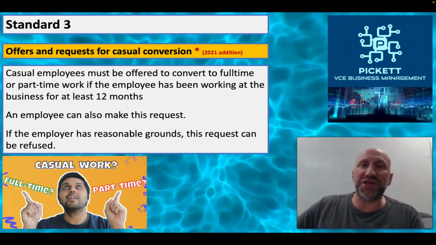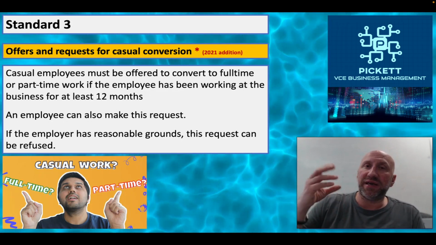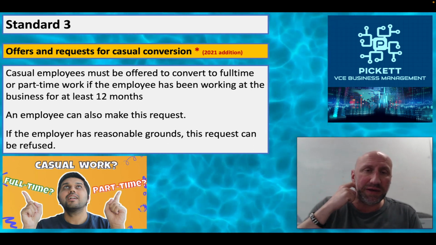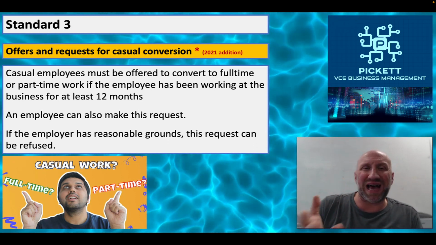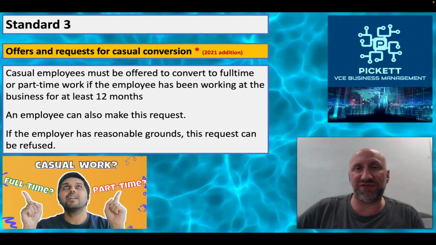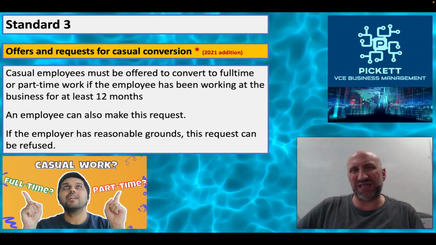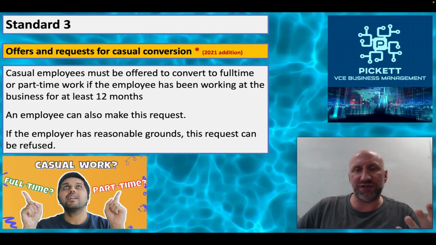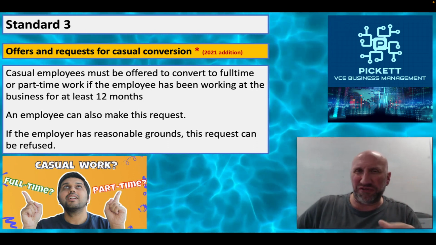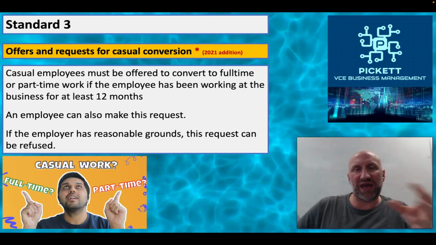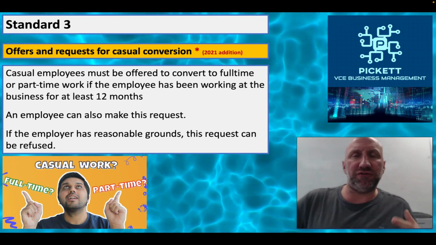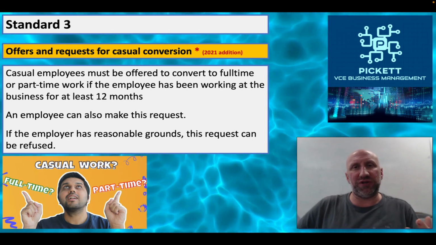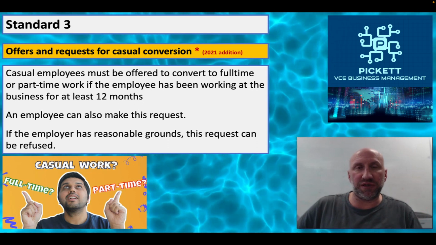Standard 3, this is the one that came into effect in 2021. So this is the new standard, if you like. The reason this was added, if you look at what it's about, offers and requests for casual conversion. Basically the feeling was, up until about 2020, that casual workers had very few rights as compared to their ongoing permanent counterparts. So casual workers were at risk of being exploited in the workplace.